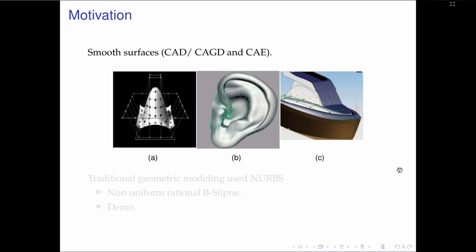In applications, especially in computer-aided design and computer-aided geometric design, we always need a smooth curve from an initial mesh. The traditional method used in this domain is the non-uniform rational B-spline, known as NURBS.